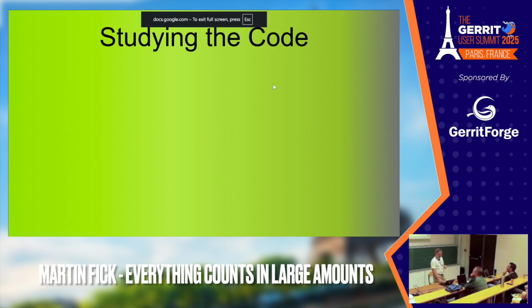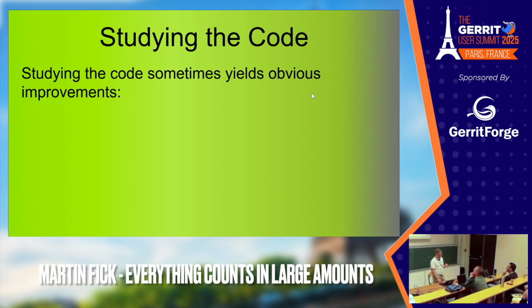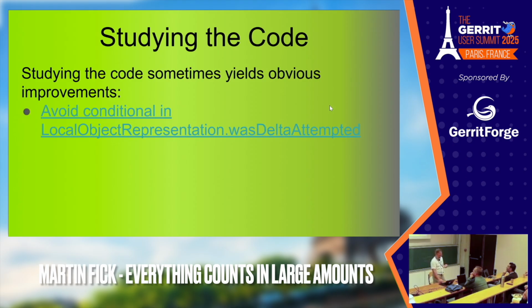All right, so the next thing is, when you're in there modifying a lot of this code, you learn a little bit about it, and then sometimes things become obvious from just reading the code. So here are two different improvements I made in the last year. Here, it was just a class that had some conditionals in a function, but it was kind of constant because it was overridden in two different ways, and both of them just returned either true or false for that entire class type.